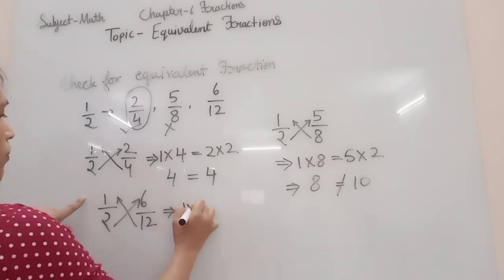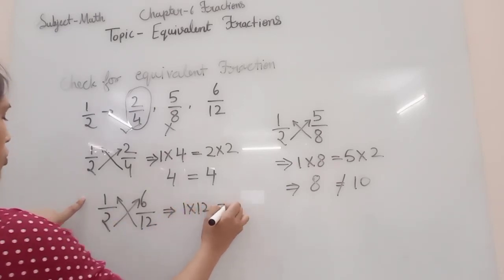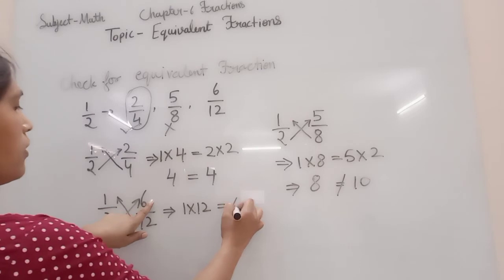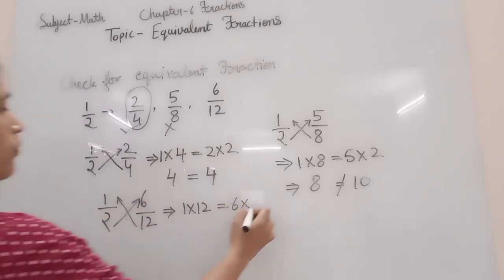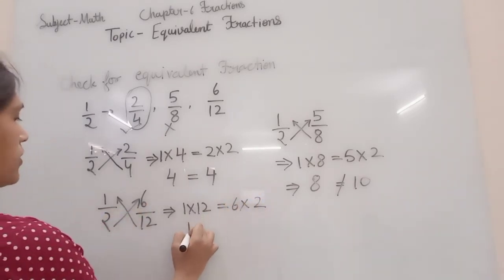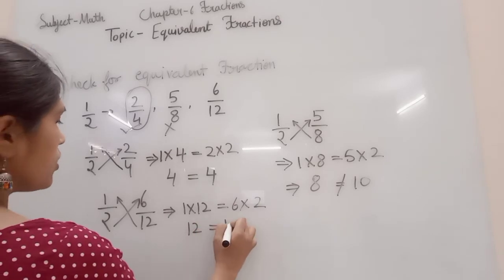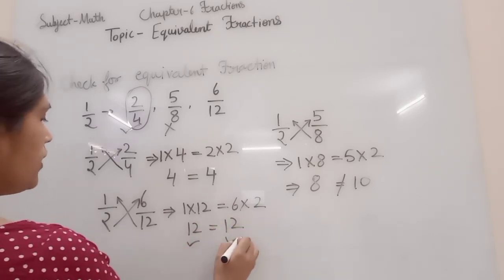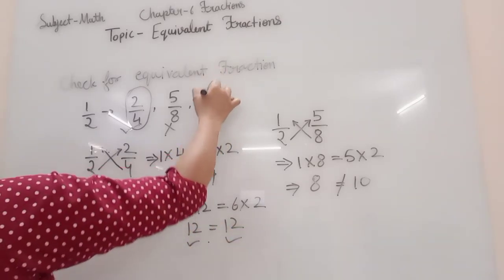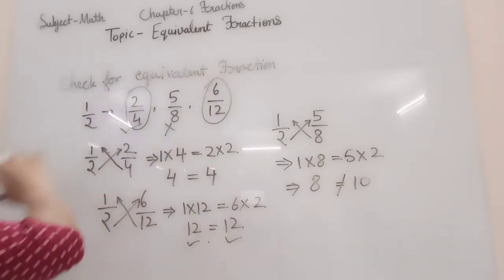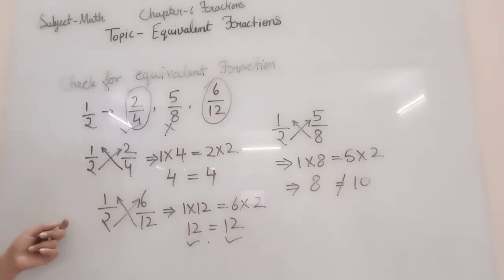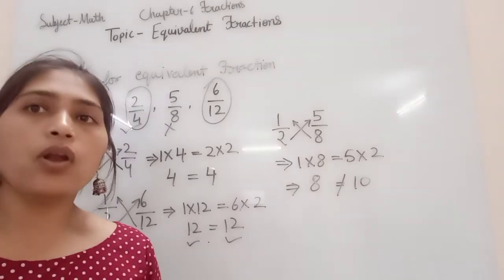So 1 multiplied by 12 is equal to 6 multiplied by 2. 12 ones are 12 and 6 twos are 12. Both are equal, so this is also an equivalent fraction of 1 by 2. This is a nice method to check whether they are equivalent or not.